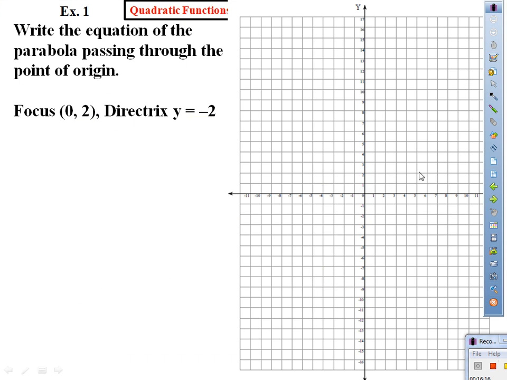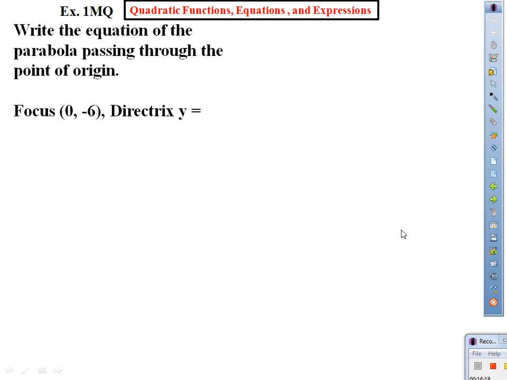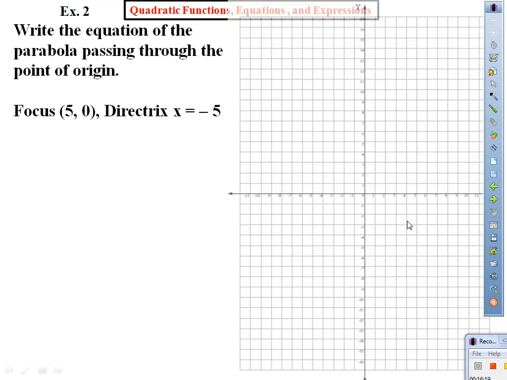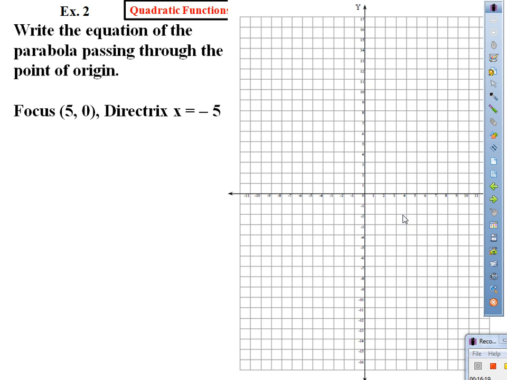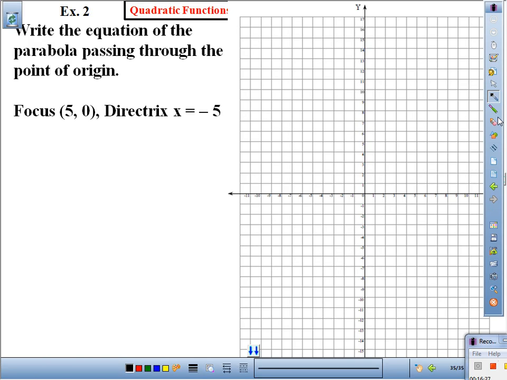All right. Go to your next coordinate plane. Copy this one. You don't have to copy the instructions. We know it's passing through the point of origin, but the focus is (5, 0), and the directrix x equals -5. Do this one together.